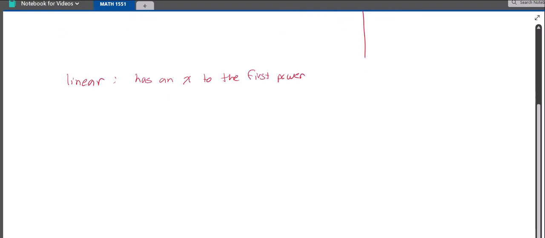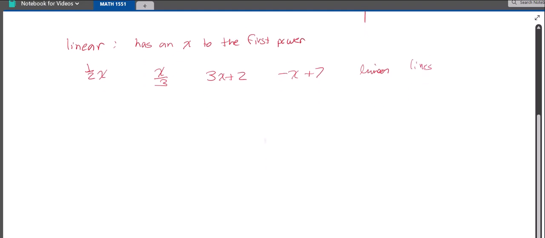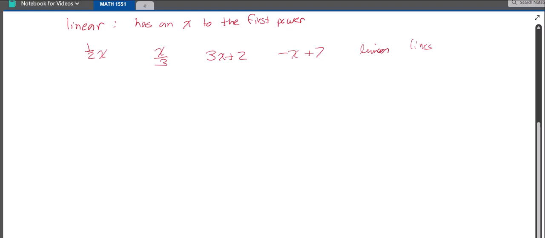So anything that looks like this, 1/2 x, x over 3, 3x plus 2, minus x plus 7, those are all linear. And since they're linear, you know they're lines. That means you only need to know 2 points to be able to graph the line. 2 points determine the line.